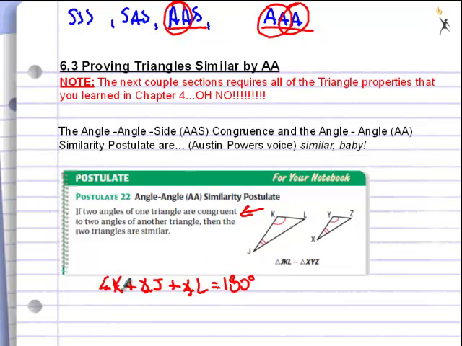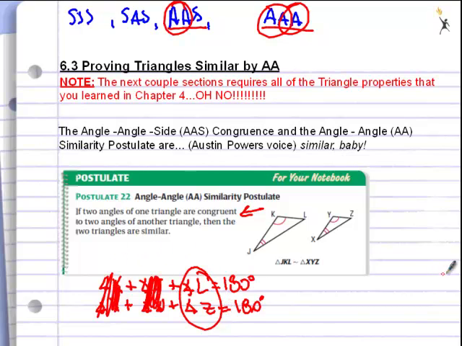We also know in the other triangle that angle Y plus angle X plus angle Z equal 180. Now we know that K and Y are congruent, so we can cross those off because they equal each other. J and X are also congruent, so we can cross those off. Now what we get is that the 2 angles that are left have to be congruent to each other. Why? Because all 3 angles have to add up to 180.